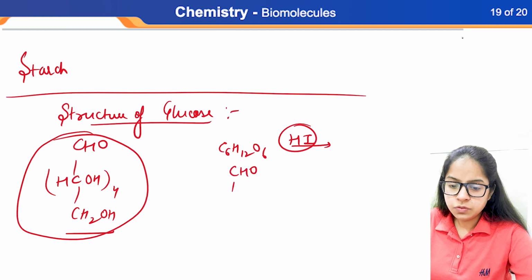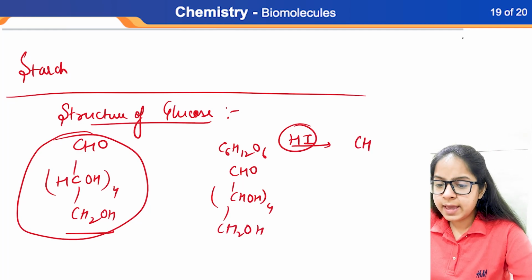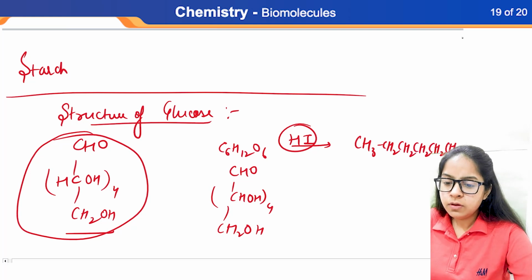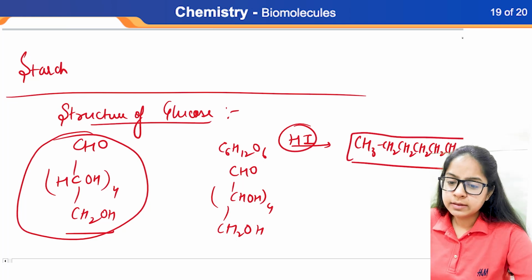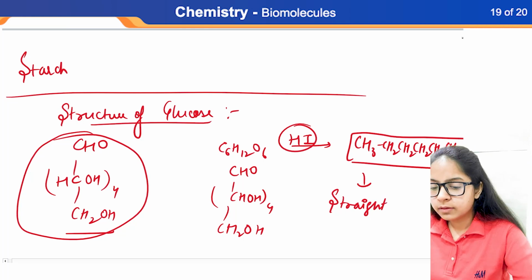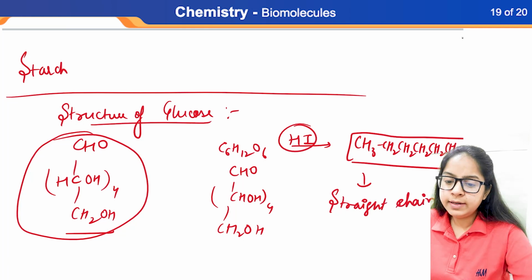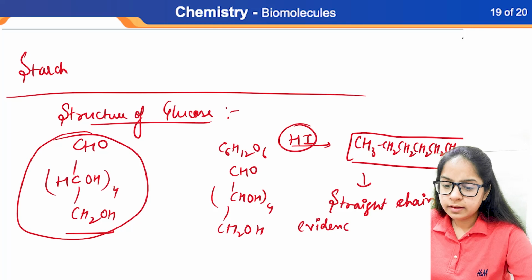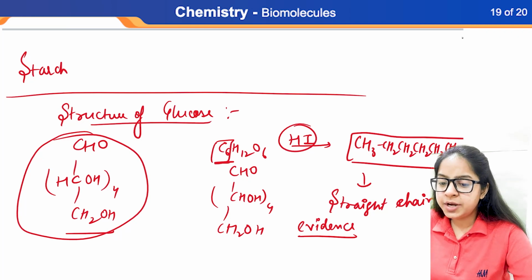CHOH4 CH2 on reduction gives CH3 CH2 CH2 CH2 CH2 CH3. So I am getting this straight chain, which provides me the evidence that all the six carbons are attached to each other in a straight line.